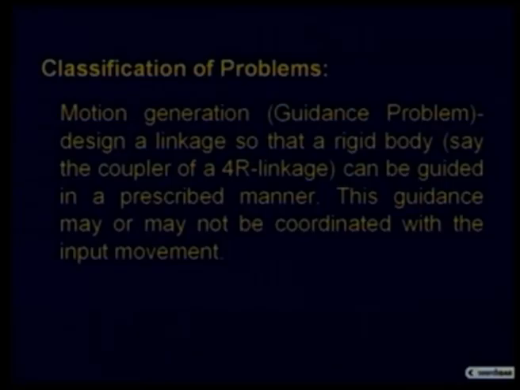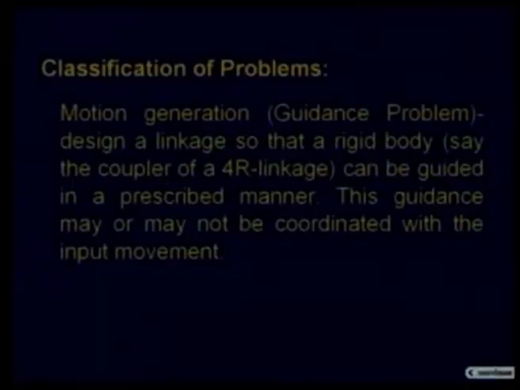That means we want the coupler to go through various prescribed configurations, that is guiding the coupler in a specified manner. Now, this guidance of the coupler may or may not be coordinated with the input movement. That is, the requirement may be such that I do not mind what the input movement is so long as the coupler is guided along in a prescribed manner.